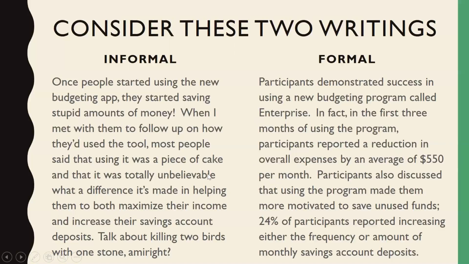Then in the informal writing, we see that it's made a difference in helping them to both maximize their income and increase their savings account deposits. And again, your reader is going to be asking, well, how much? What is that difference? So here we have that quantified and accounted for in the formal writing. 24% of participants reported increasing either the frequency or amount of monthly savings account deposits.